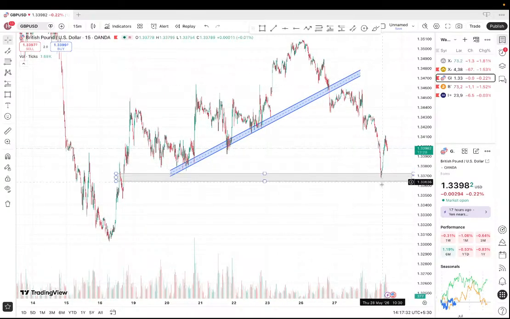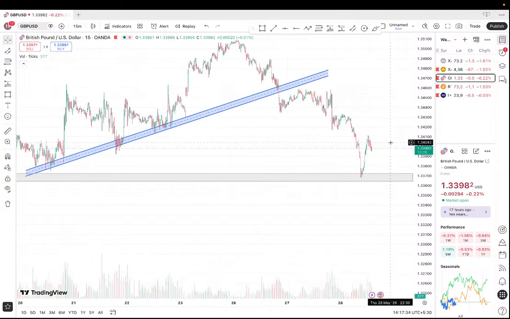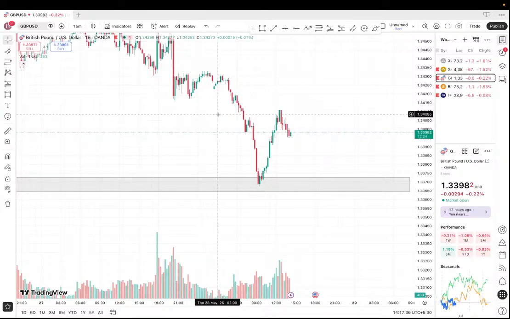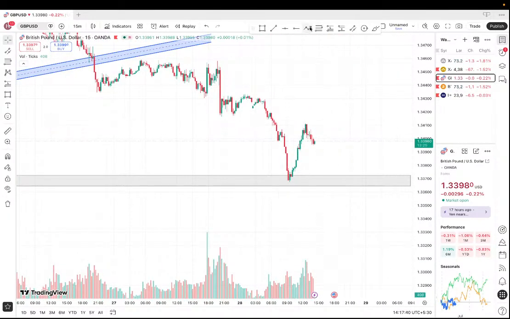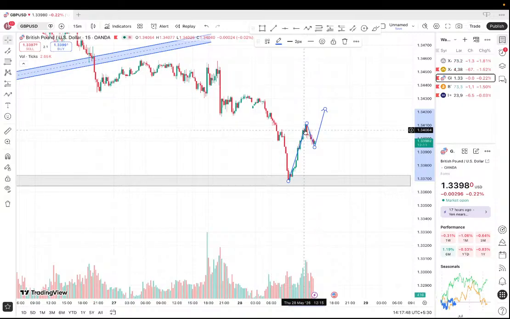Now, as it has covered the full trend line move, it is taking a small pullback. So until and unless it doesn't behave like this, we'll expect that this is going to continue the sell side move.